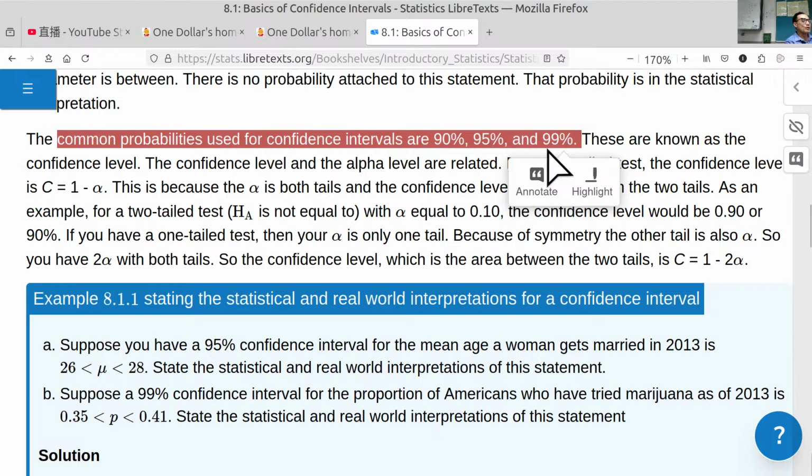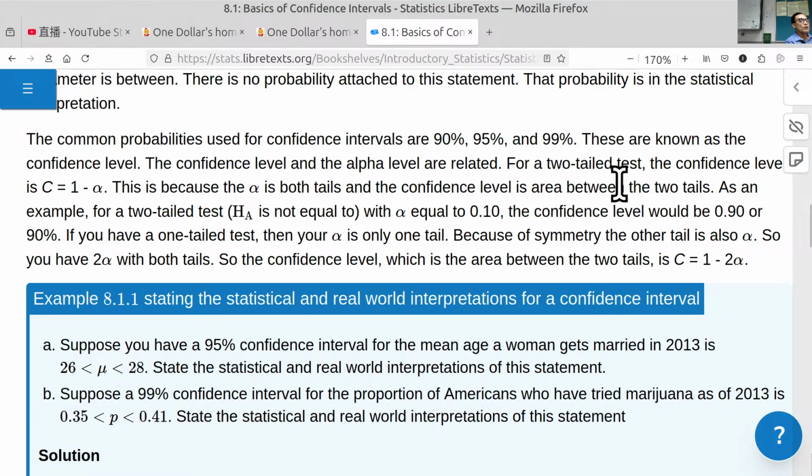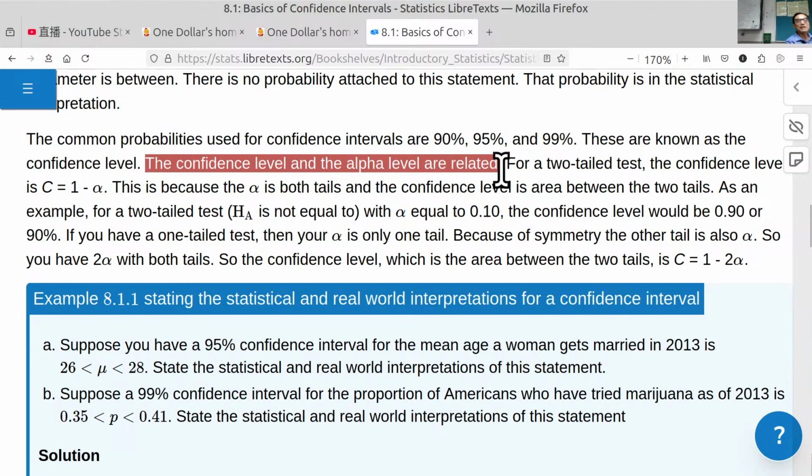In other words, we can set the alpha level at 0.1, 0.05, and 0.01. The confidence level and the alpha level are related. As I mentioned, 0.05 is the most commonly used alpha value.